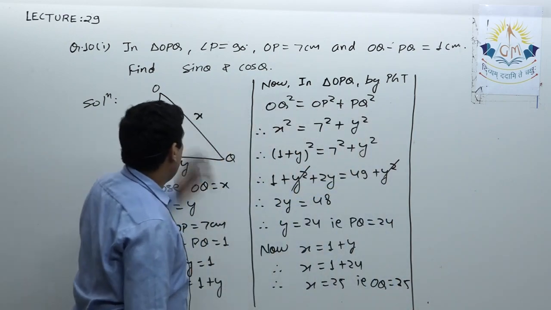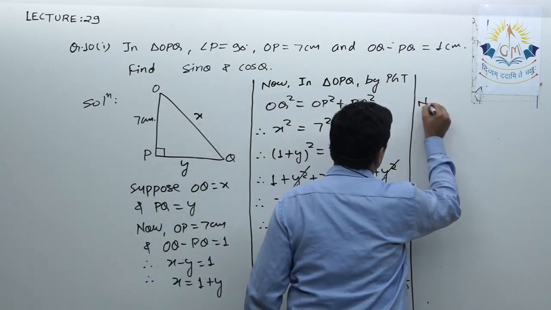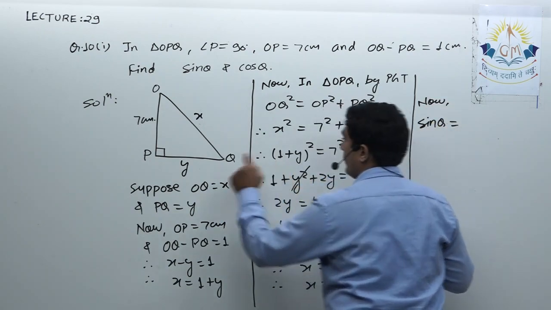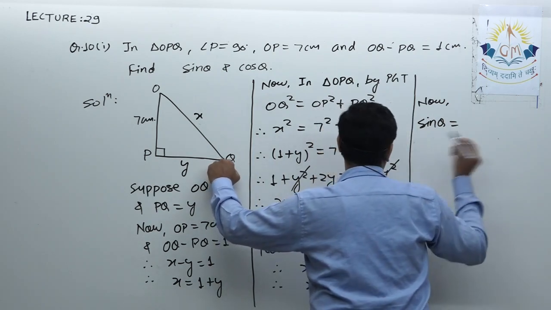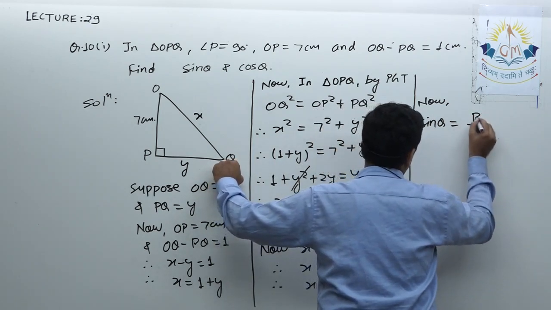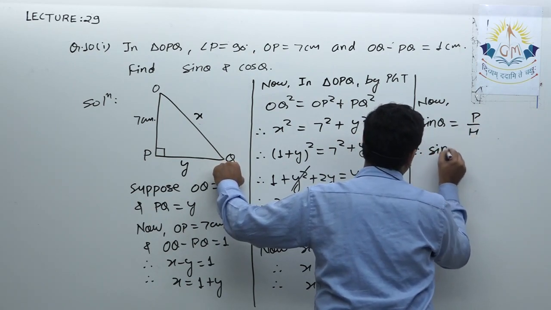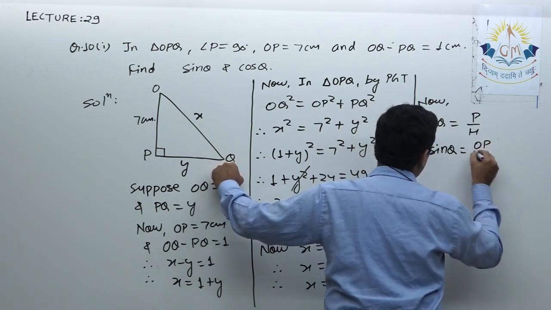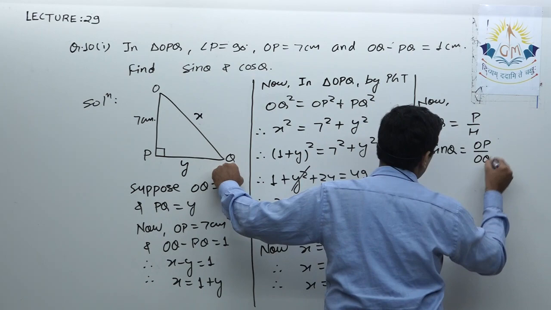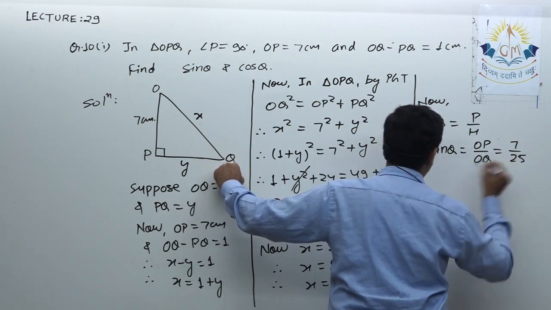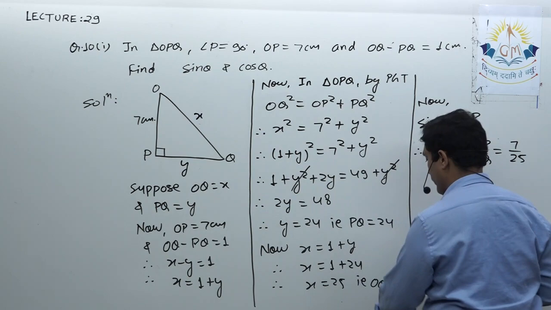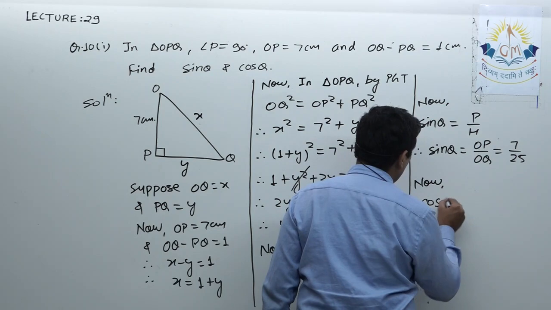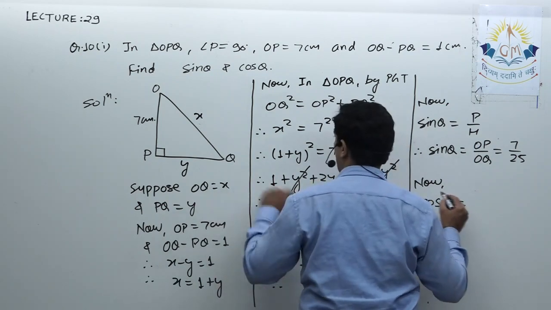Now simply we'll find sin Q. For angle Q, sin Q is equal to perpendicular upon hypotenuse. Perpendicular is OP, hypotenuse is OQ, therefore sin Q is equal to 7 upon 25. Now cos Q is equal to base upon hypotenuse.